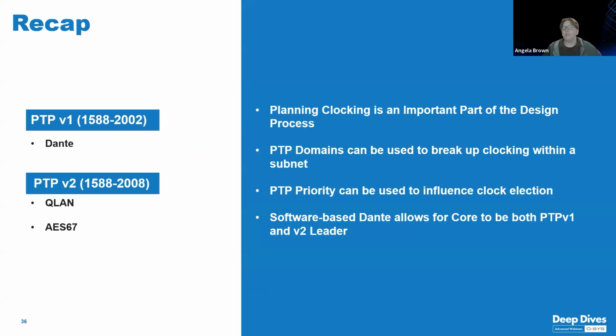Can you elaborate on the difference between boundary clock and ordinary clock? Why would a boundary clock be necessary? So an ordinary clock only talks on one interface, so it can only talk to one other device. A boundary clock can talk on 2 interfaces, so it can talk to 2 devices. A boundary clock is really necessary when you have things that are in PTP v1 and PTP v2 because the 2 are not compatible.